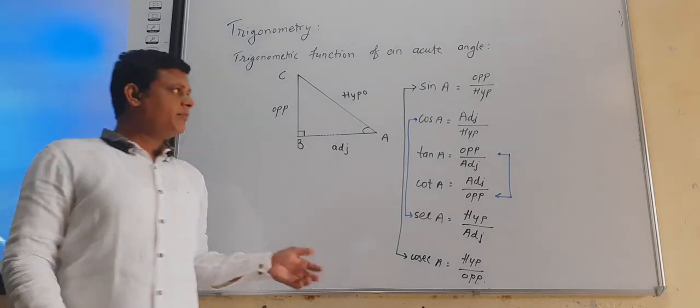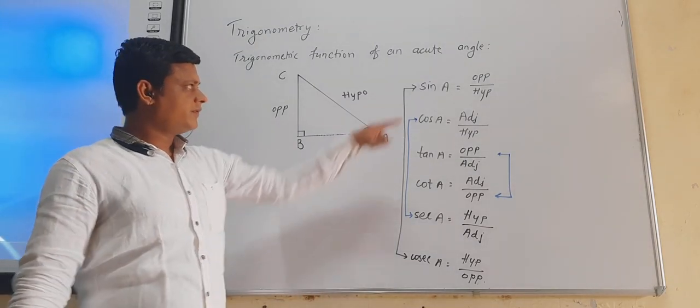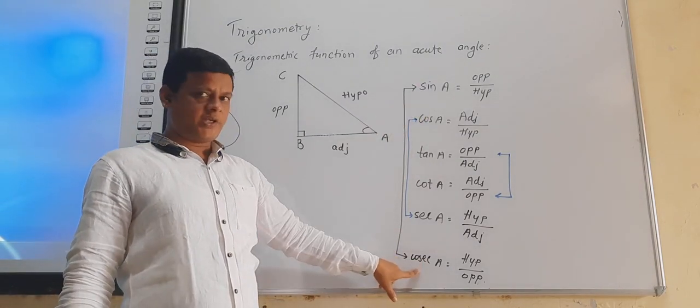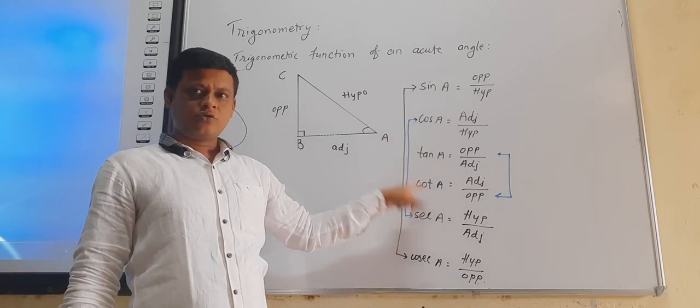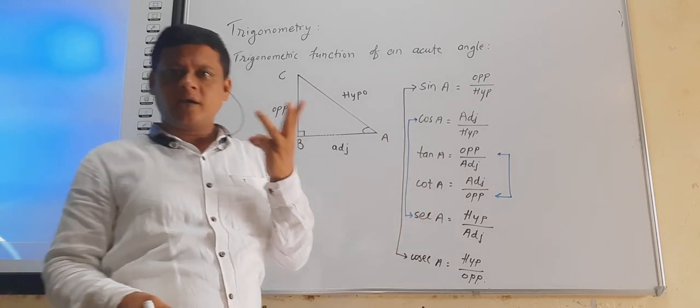So we remember the pairs only: sine with cosec, cos with sec, tan with cot. So from that we make 3 formulas.